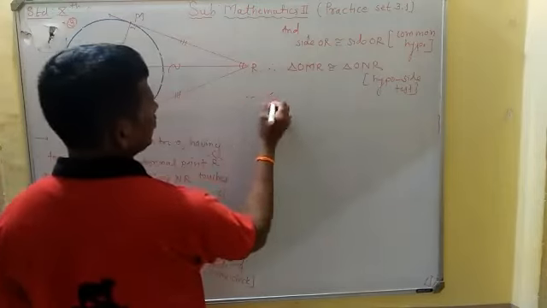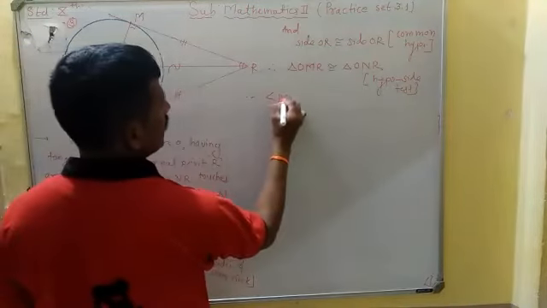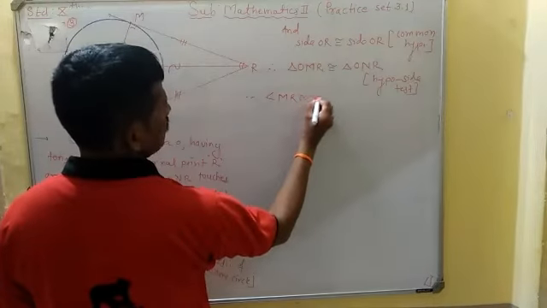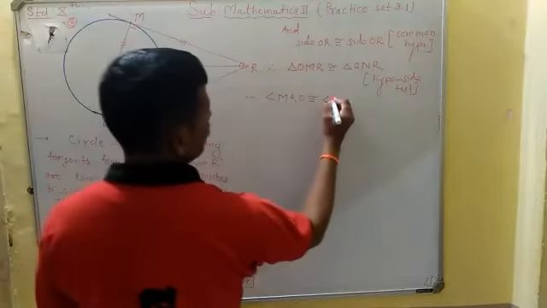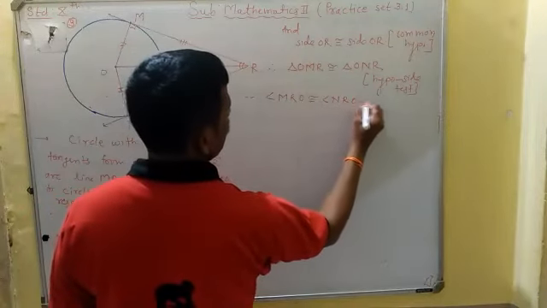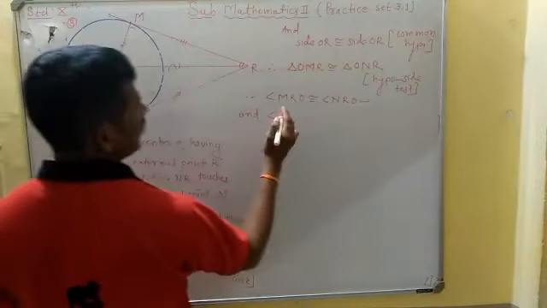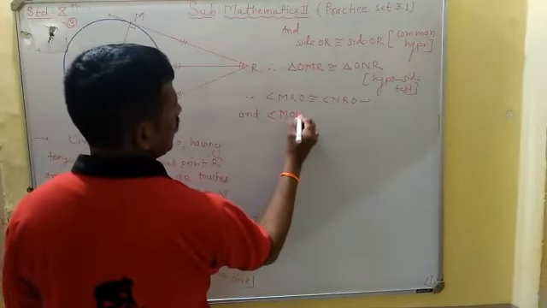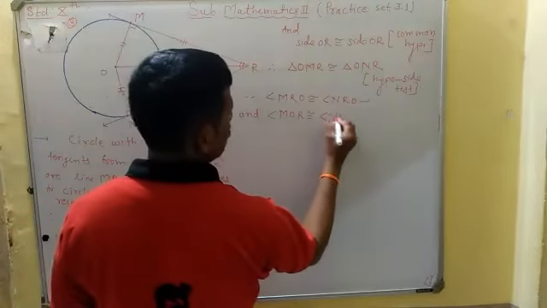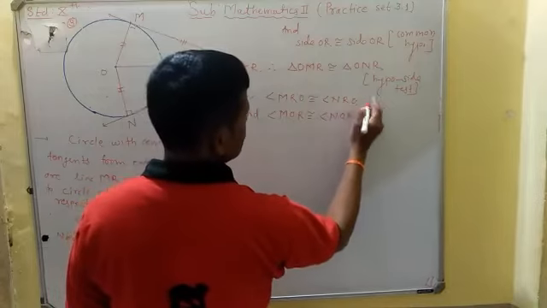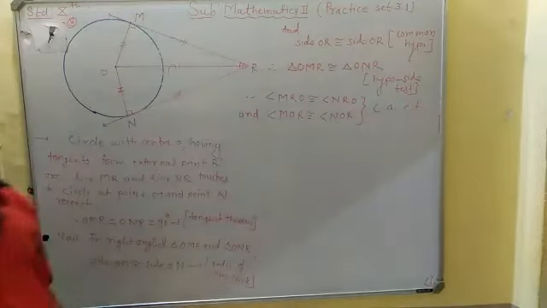Therefore we write here corresponding angles are congruent. Angle MRO is congruent with angle NRO, and also we write here angle MOR is congruent with angle NOR, and the reason is corresponding angles of congruent triangles.